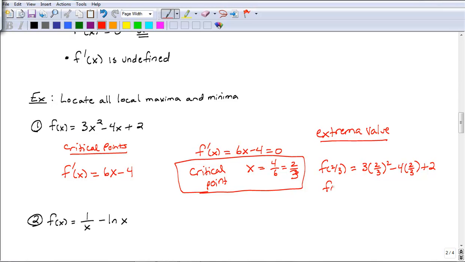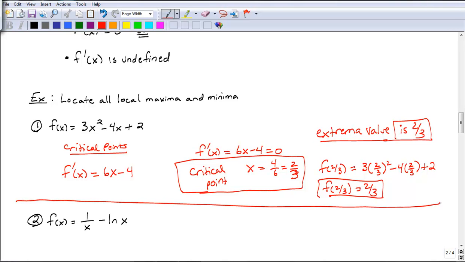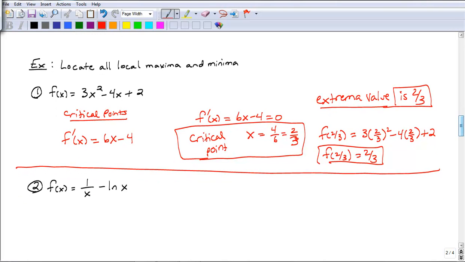And I get 2/3 out when I plug 2/3 in. So the extreme value is 2/3 because that's the y value where the critical point is. So again, I just figured out where the first derivative was 0 or undefined to get the critical point. I plugged that in to get the extreme value that goes with that critical point.